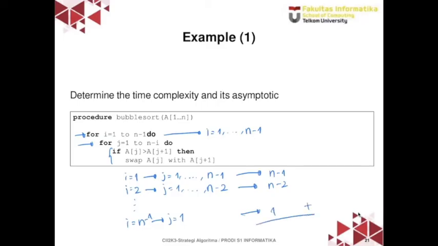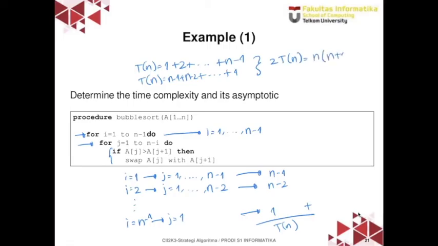So we can add them and have T(n). So T(n) will be 1 + 2 + and so on until n - 1. And we can also write it backwards, so that we have 2T(n) equals n times (n - 1), which equals n^2 - n.